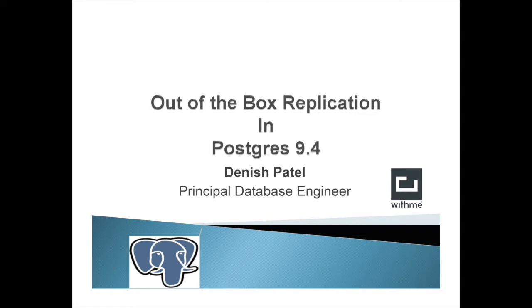So the goal for this tutorial is to explain why Postgres replication was a little difficult before 9.4, and now I think everything is built in. You can use Postgres-provided tools to set up a replication between systems.